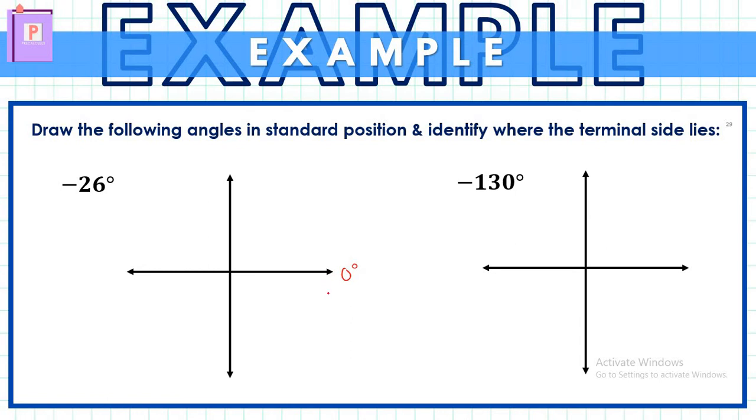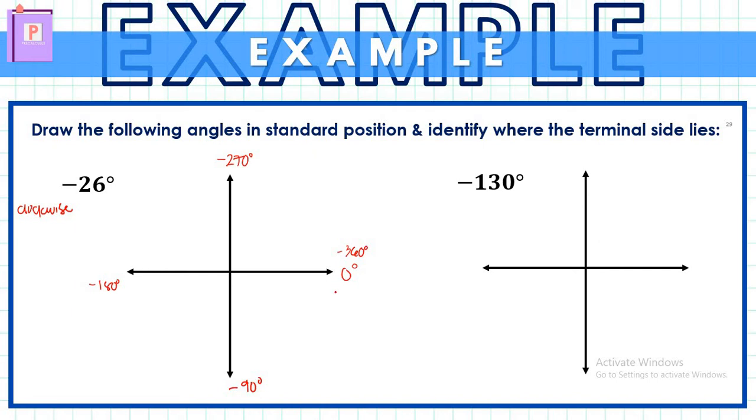Then, if the movement is clockwise, because it is a negative angle, negative 90 degrees will be here on the negative y-axis. Then, negative 180 degrees will be here on the negative x-axis. Then, negative 270 degrees will be placed here on the positive y-axis. Then, back to negative 360 degrees on the positive x-axis.